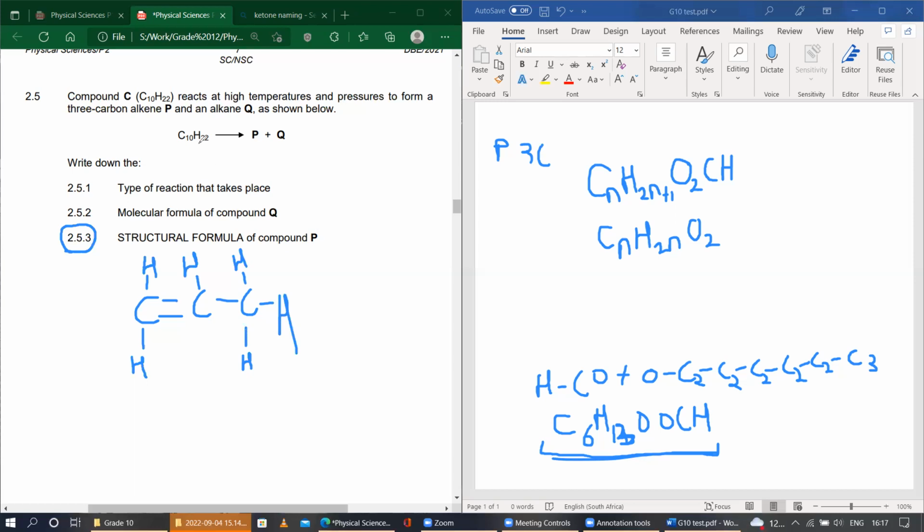So since we know that compound C has 10 carbons and 3 of them are used to form P, the seven that are left are gonna form Q. So basically, since Q, they already told us it's an alkane, we already know an alkane with 7 carbons, that's gonna be heptane.